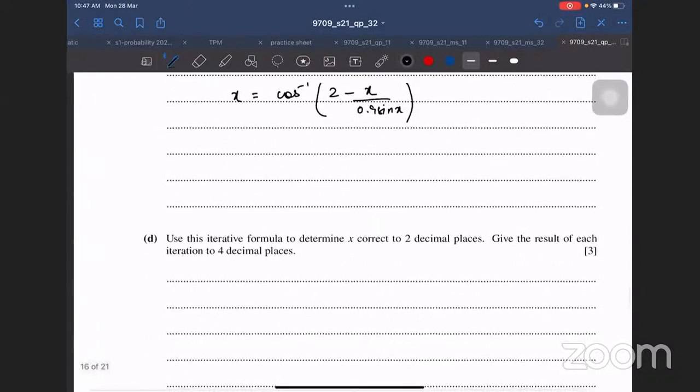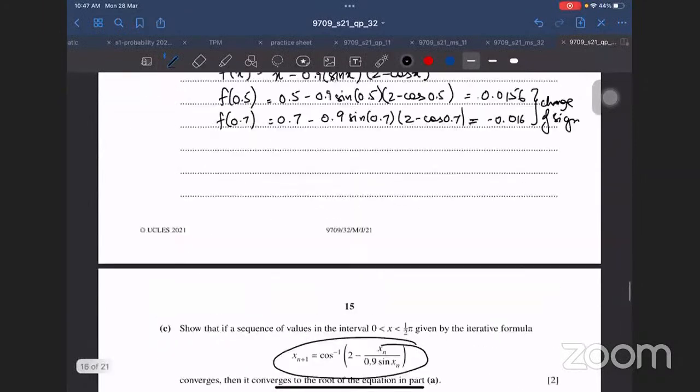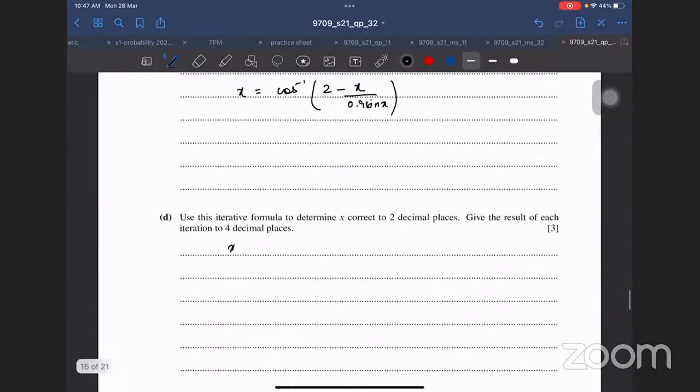Then the next part is doing the iteration. Okay. What is my starting value going to be? It's going to be the midpoint of 0.5 and 0.7. So x1 is 0.6. I need to write each iteration correct to 4 decimal places. Let me just do that myself as well so that I can write them easily.